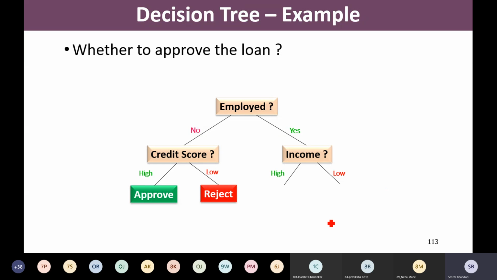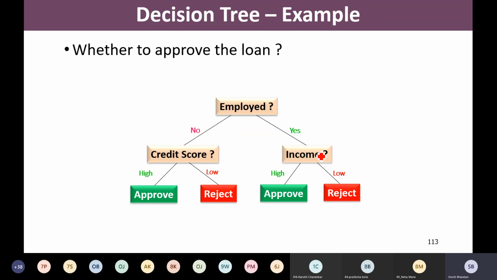If it is below the threshold, it is low income, right? So if the income is high, then the bank officials may decide to approve the loan. But if, even though the person is employed, the income is low, then there are little chances that the person can repay the loan, and that is why they may decide to reject the loan.